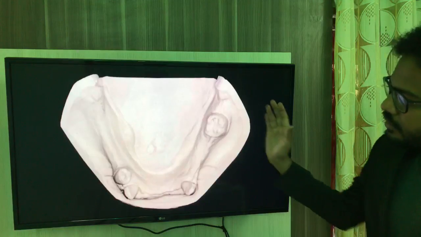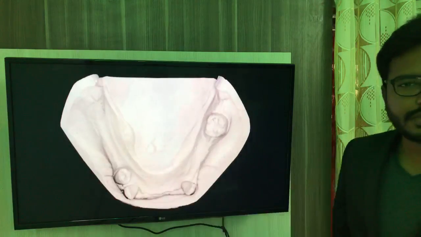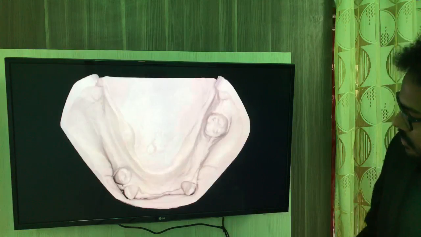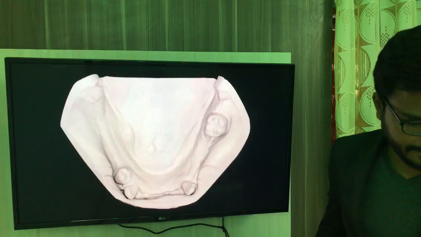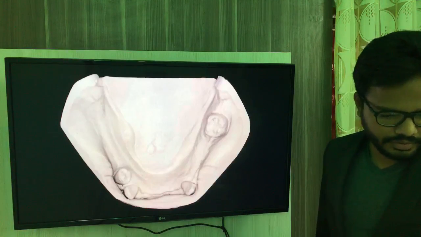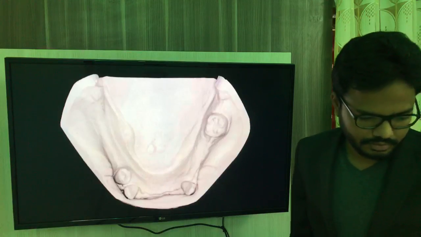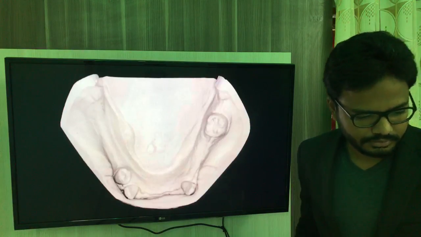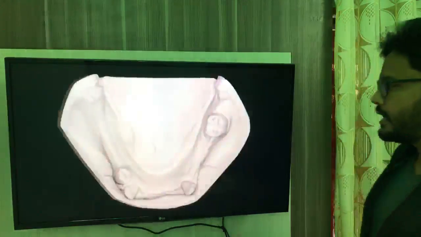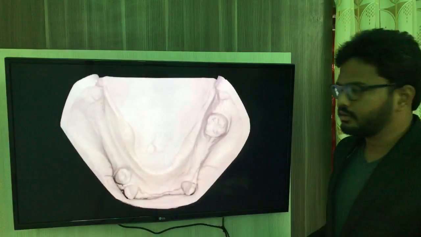So you have a unilateral posterior edentulous area along with 2 additional spaces. So you say class 2 modification 2.